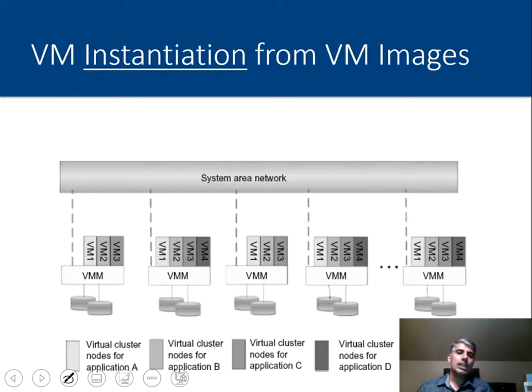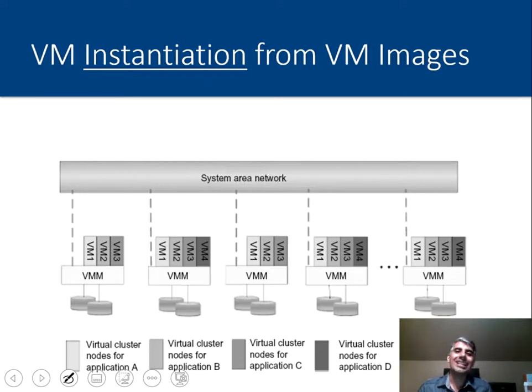All right, so the creation of VMs from the VM images, from the base image, is called instantiation, VM instantiation. So basically, from one VM image, you can create numerous instances, theoretically an unlimited number of instances can be created from one image.